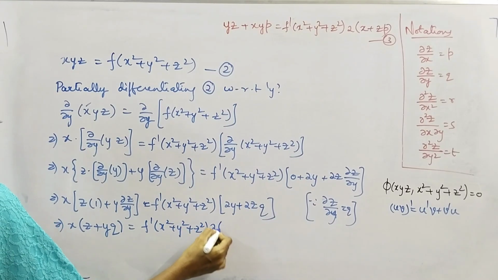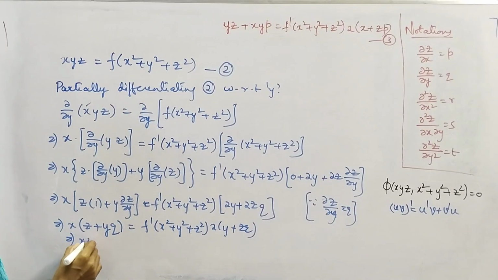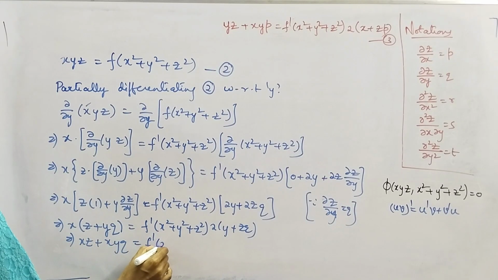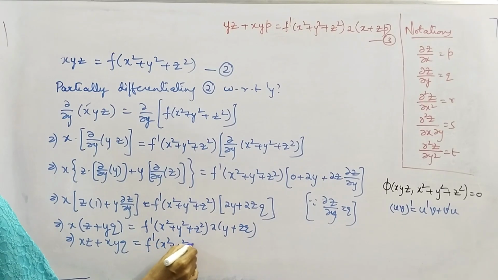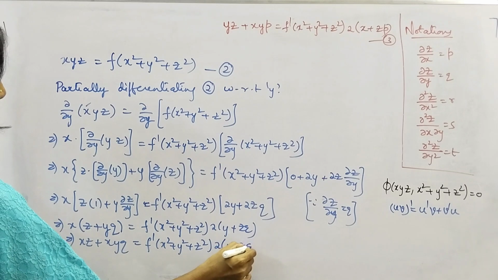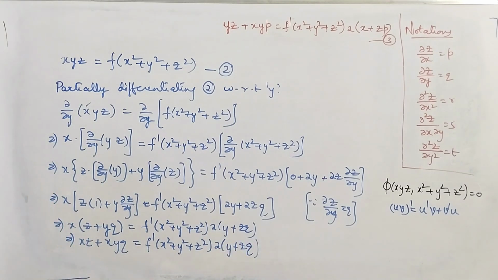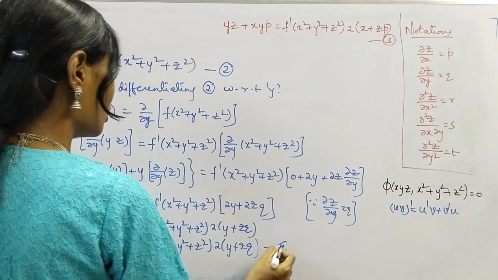Take 2 common, you'll get 2 times y plus zq. Or you can write this as xz plus xyq equal to f dash of x square plus y square plus z square into 2 times (y plus zq). Consider it as equation number 4.